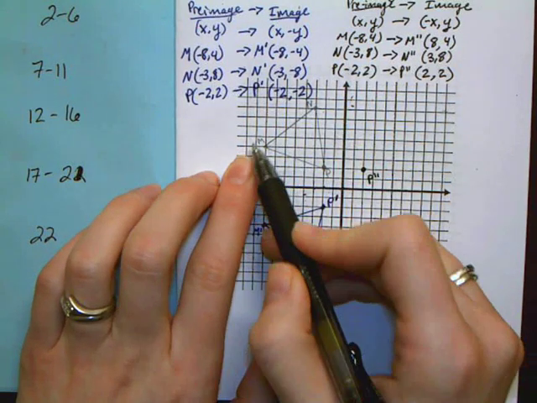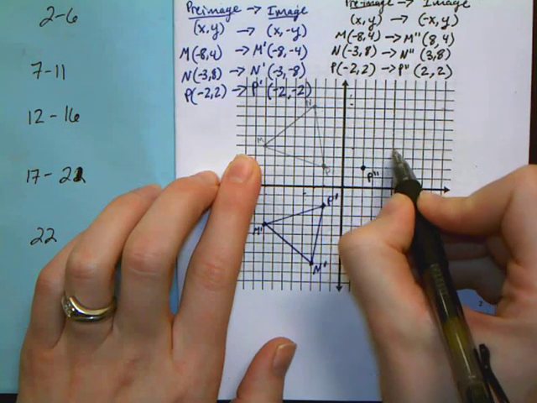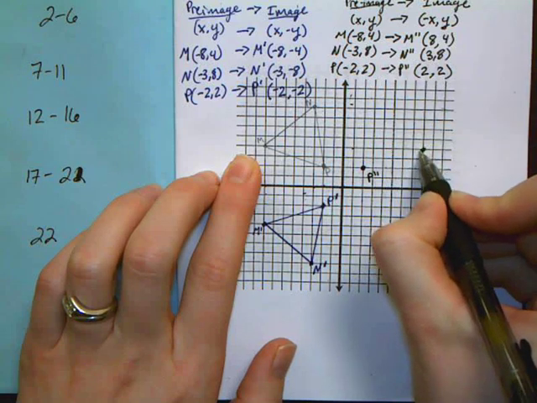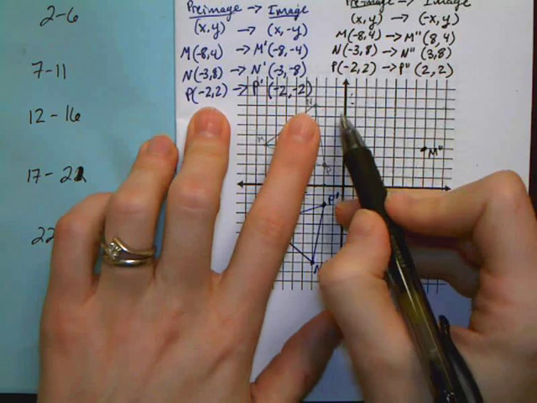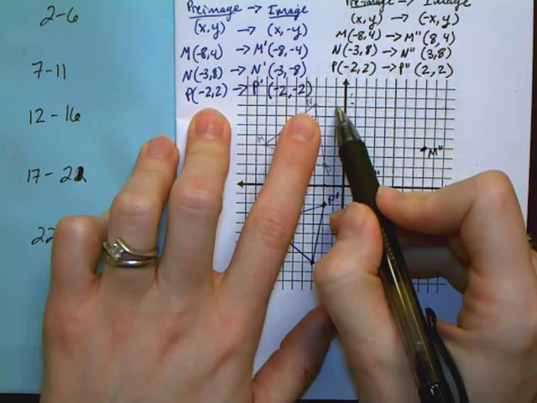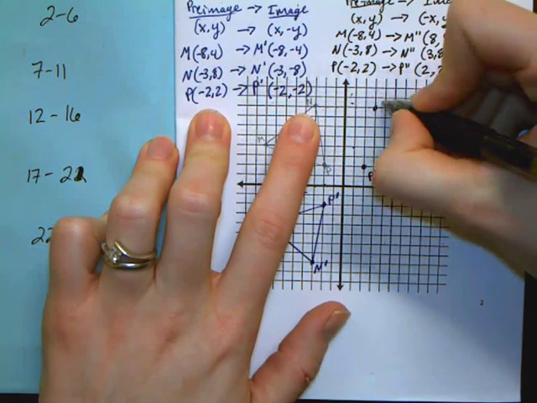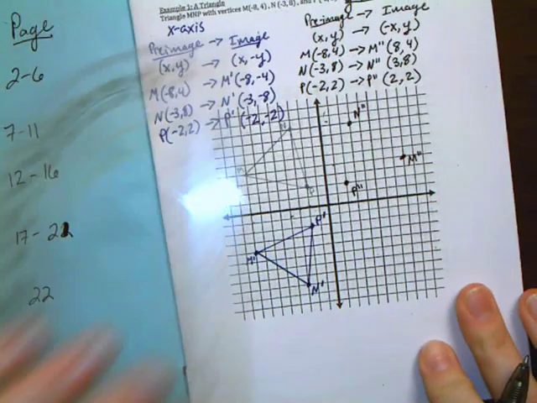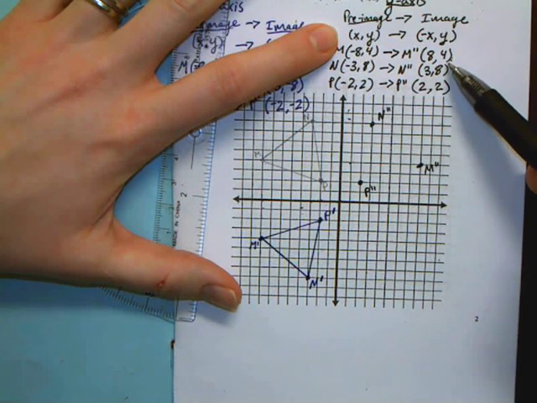M started out 8 points to the left of the y-axis. It's going to be along that same line, but now it's going to be 1, 2, 3, 4, 5, 6, 7, 8 points to the right of that y-axis. So I have M double prime, and then N started out 3 points to the left, so I'm going to go 3 points to the right, and I get N double prime.